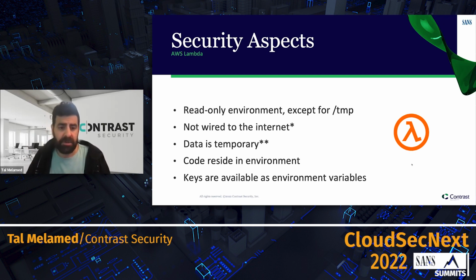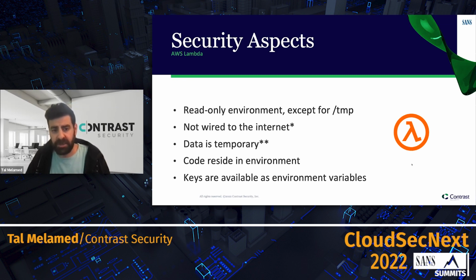That star next to it means that in AWS you have two types of execution, called warm start and cold start. Cold start is a new environment spun up for this specific code, meaning that there was nothing prior to that, and in that case, there is nothing there.